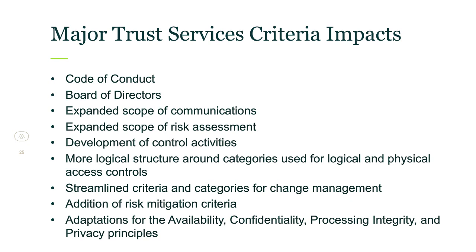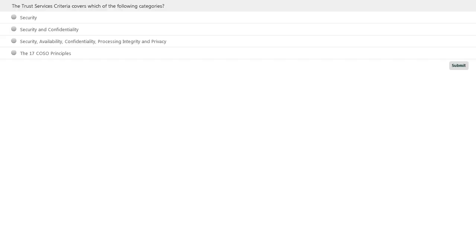And then you'll see greater delineation in the logical access and physical access controls to make that easier and provide less duplication of the controls themselves. And finally, at the very end, a much tighter, crisper change management criteria listing, and then the residual principles: availability, confidentiality, processing integrity, and privacy, going through some redefinition that allows easier usage by the reader or the user.